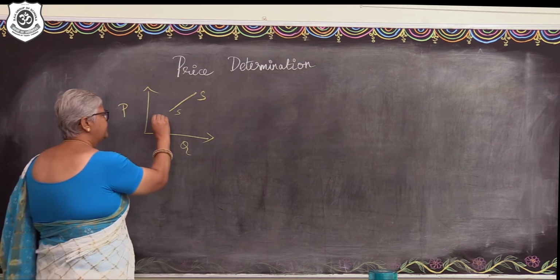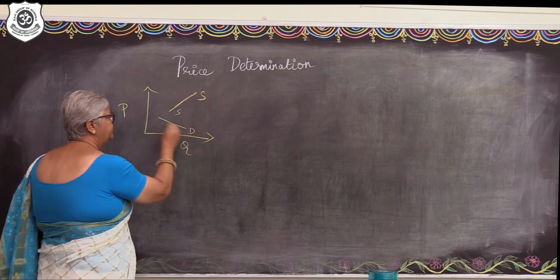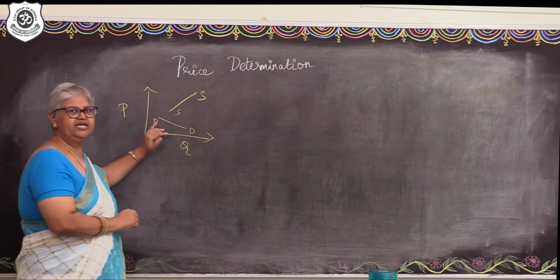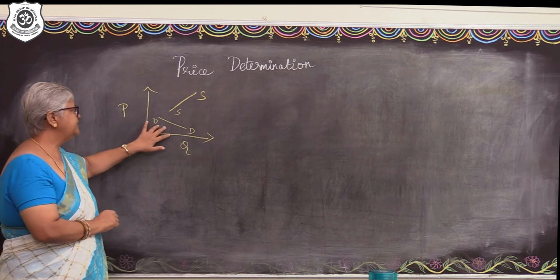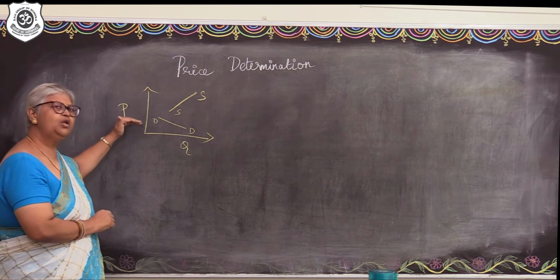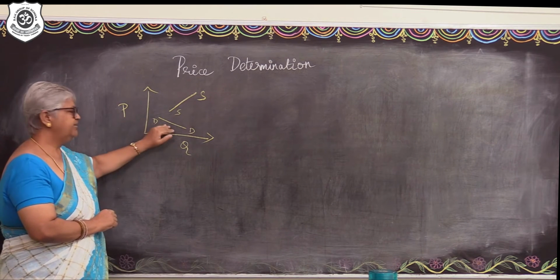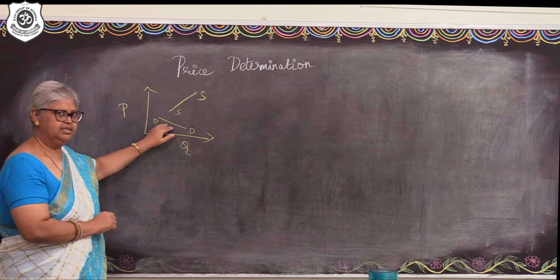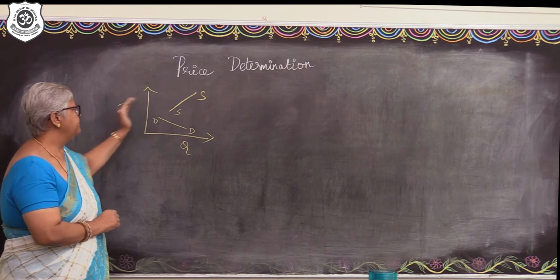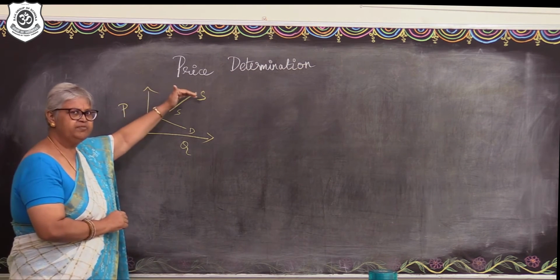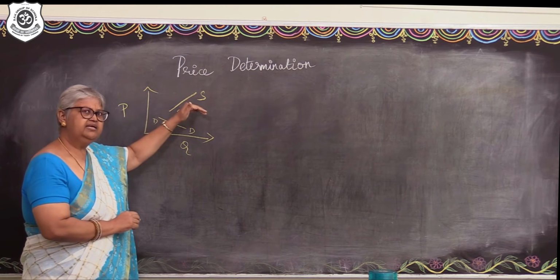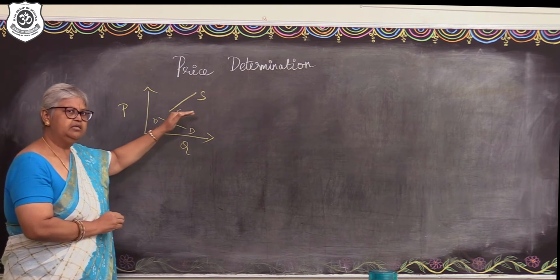Probably the demand curve will be like this, indicating that only at low levels of price there would exist a demand, and only at higher levels of price there would be the willingness to sell.